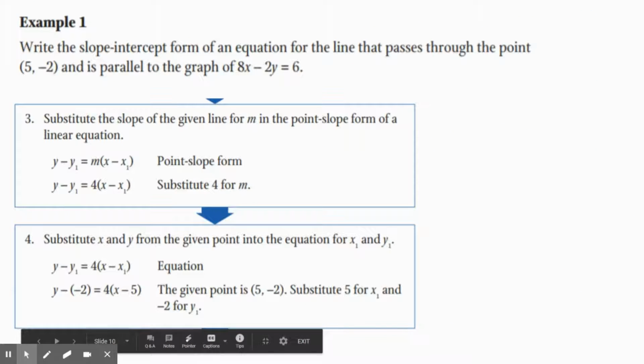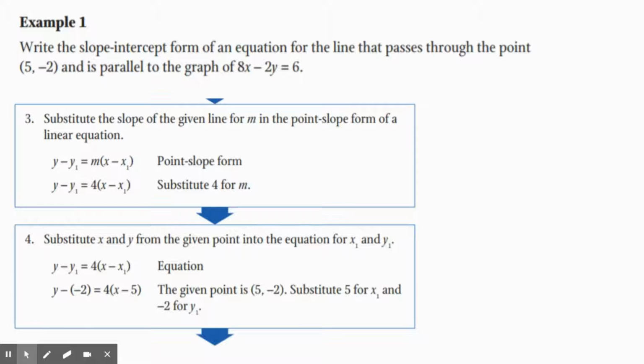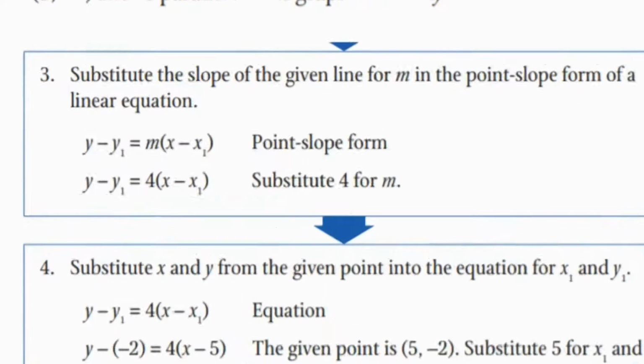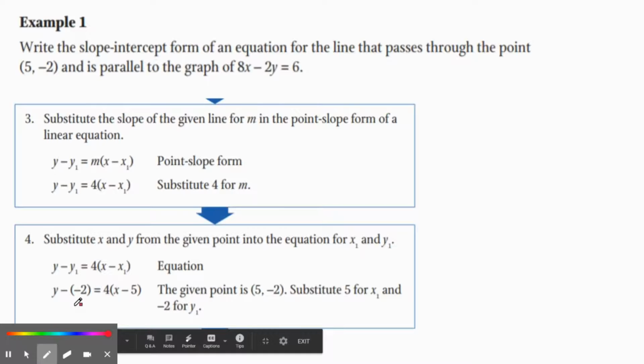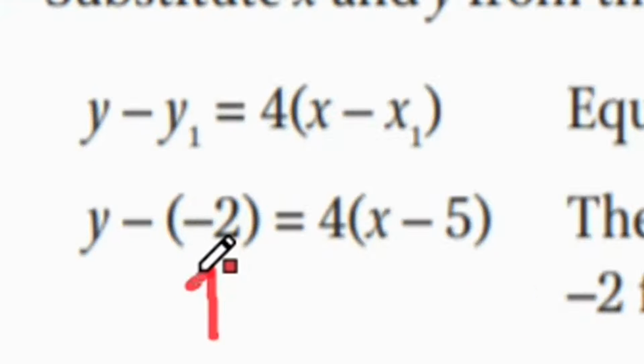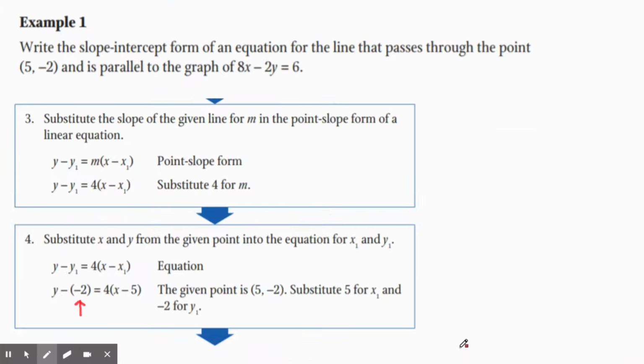Now we're going to be using point-slope form. We're usually used to working with slope-intercept, which is fine, and I'll show you that way as well. But look how point-slope works. What you do is you go y minus y1. Notice that y1 is a negative, so y minus negative 2 will become positive. And then it's x minus x1, and x is just 5, so it'll be x minus 5.